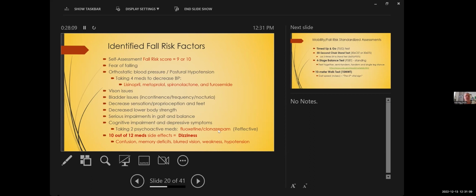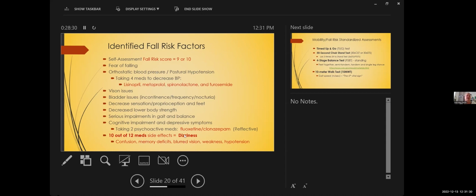She still is blue. She's still having some cognitive issues. And like I said, 10 out of these 12 meds, if you look them up, one of the top side effects is dizziness. So maybe we need the physician to look through, and are these all necessary?